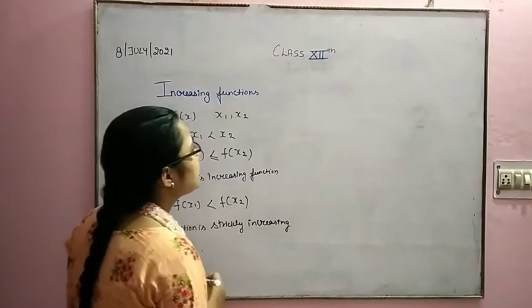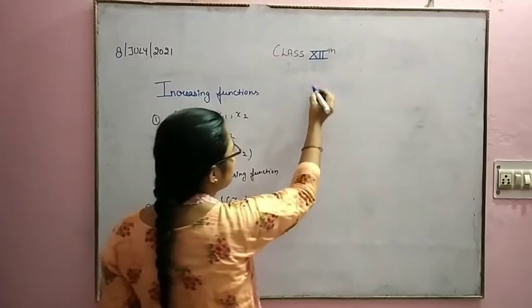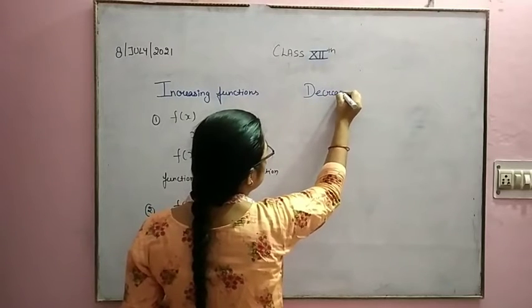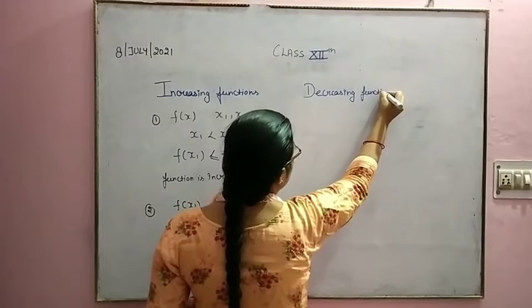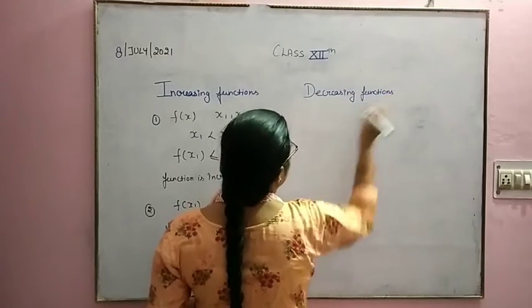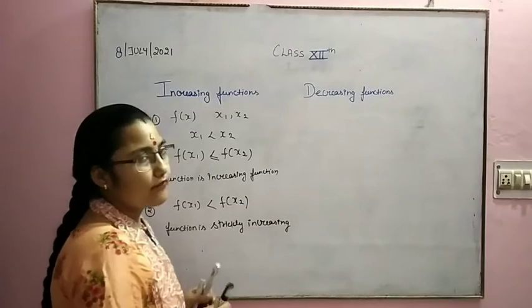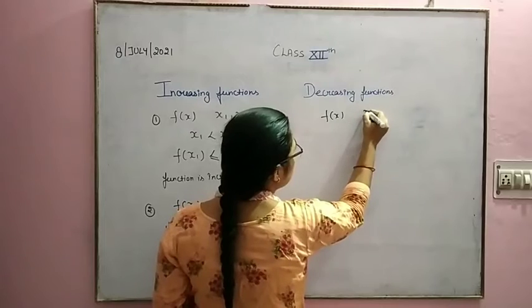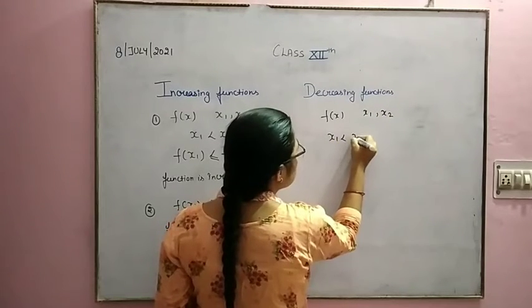Okay. Second, if we talk about the decreasing function, same as before, f(x) is a function, and suppose we take x1 and x2 as 2 points where x1 is less than x2.